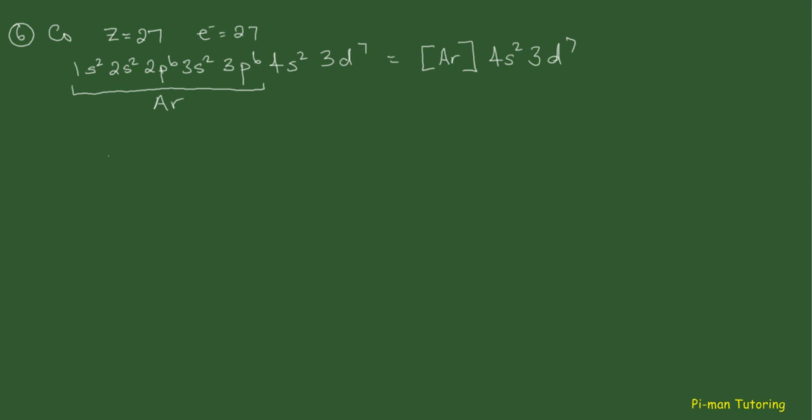So cobalt is okay, but what about the cobalt ion? Specifically cobalt 2+. So now we've got the same atomic number, but the number of electrons we have to place, we've lost 2, so we're down to 25.